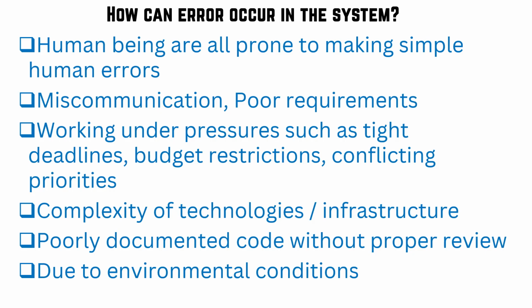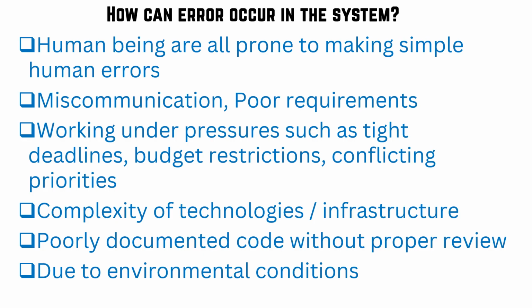How might errors come into the system? We are all human beings, we can make mistakes. There might be poor requirements, there might be a communication gap. We are all working under pressure and tight deadlines. There is a budget restriction. There are conflicts of priority, a single person working on different priorities and not able to focus. We are working with complex technology, the infrastructure is not properly there, and there is no adequate skill set for the technology.